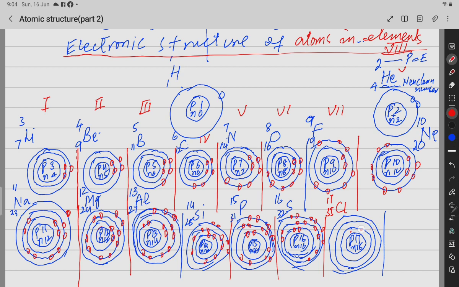First shell has 2 electrons, second 8, and third 7 because it is present in group 7.